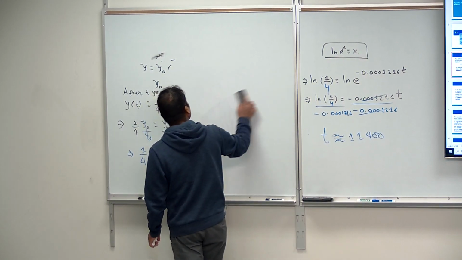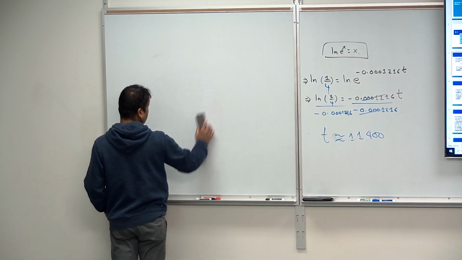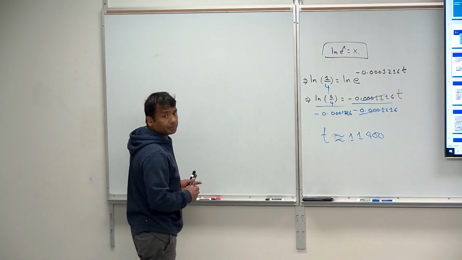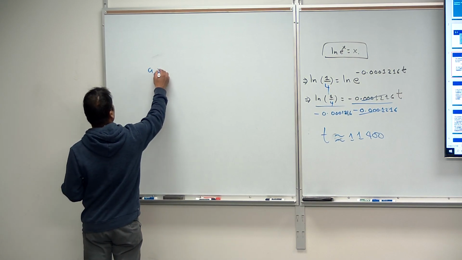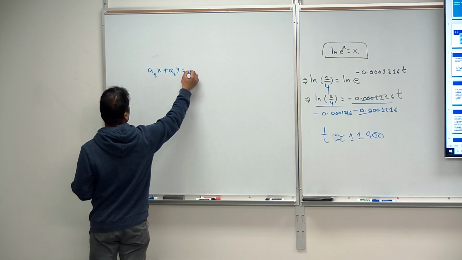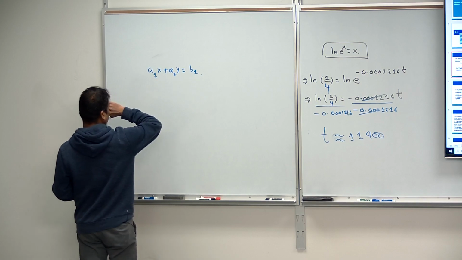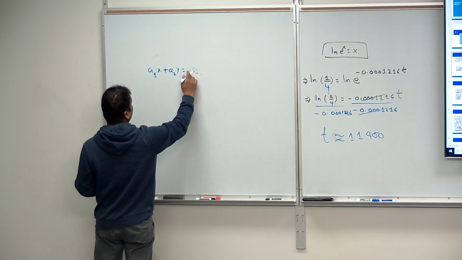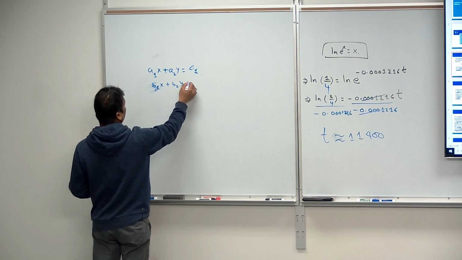If you have more than one equation, that will make a system. For example, let's say you have a1x plus a2y equal to b1, or you can say c1, and you have b1x plus b2y equal to c2.